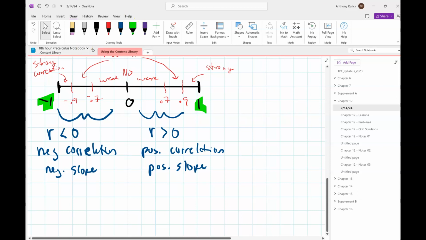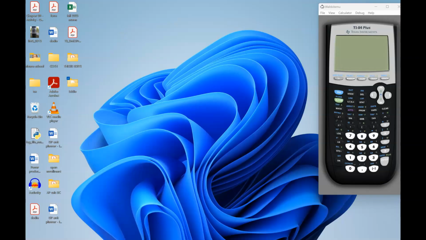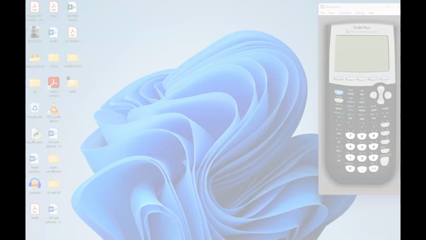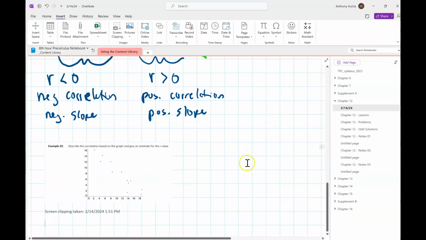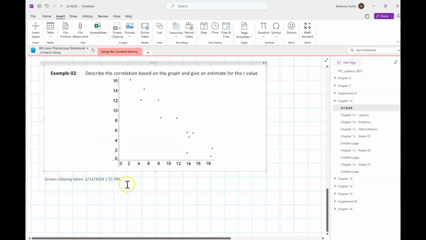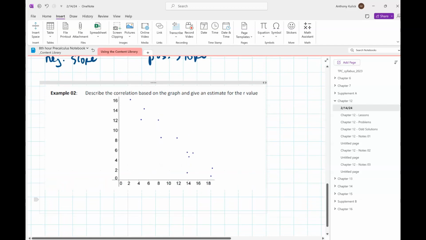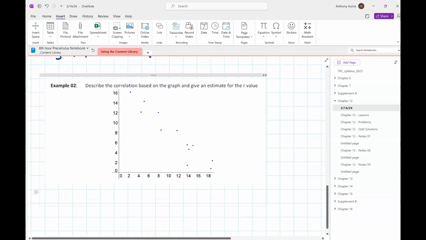All right. Let's test this out with a little example here. So here's a graph of two variables, right? What do we call this kind of a graph?